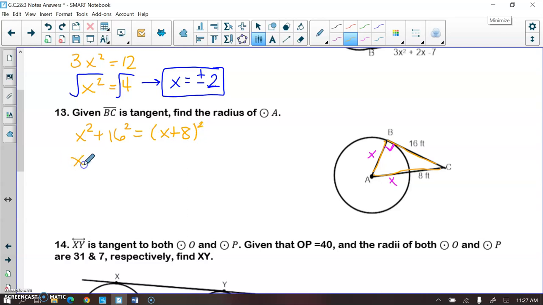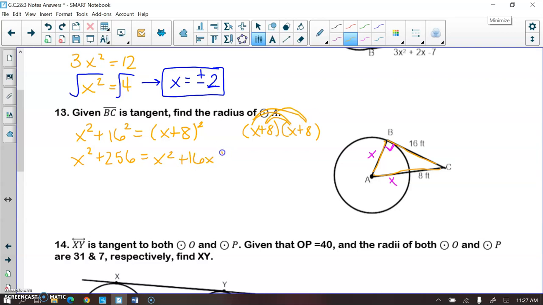So I have an x squared plus a 256. And remember, an x plus 8 squared needs to be FOILed. An x times an x is an x squared. An x times an 8 is an 8x, and an 8 times an x is another 8x. So that gives you a 16x.